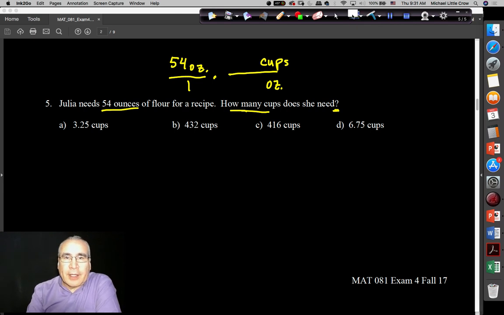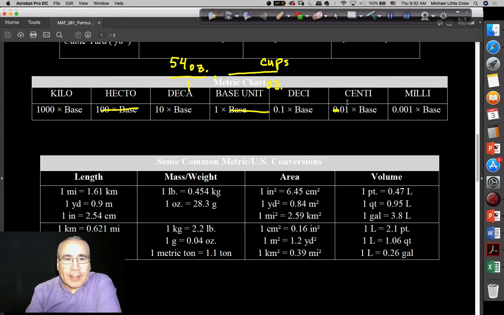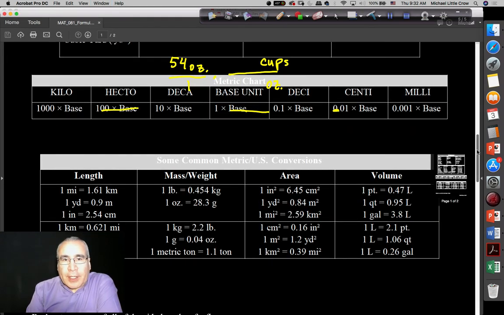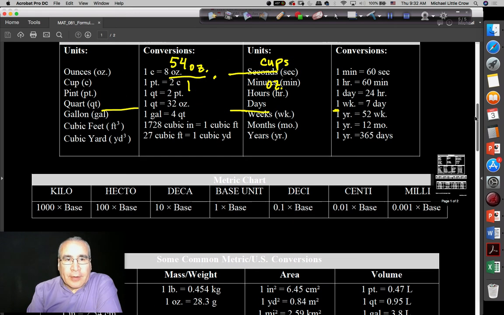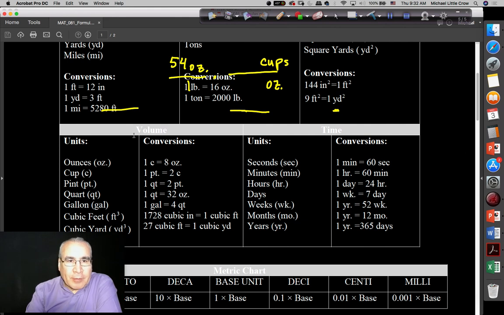So where do we find the conversion factor? We have to go to our conversion sheet. So we'll flip over to that. We've got some writing in our way, but this is the part up here. Cups is kind of a conversion that deals with volume.